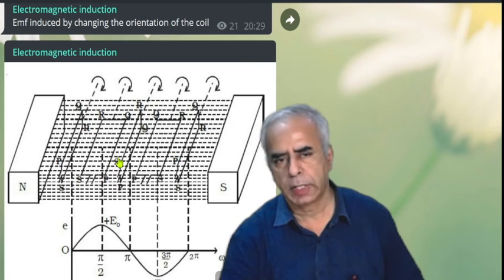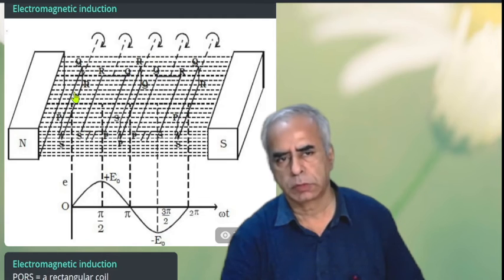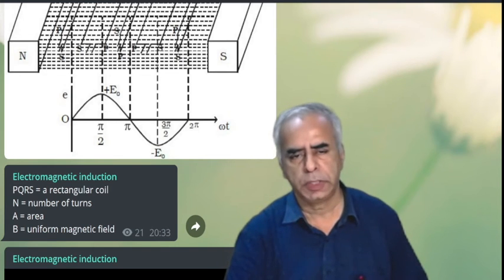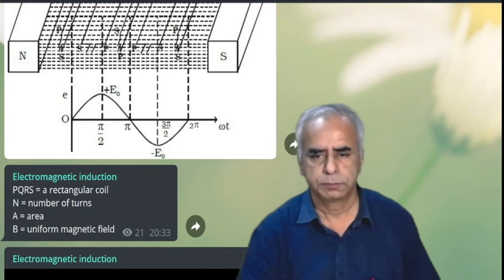It doesn't mean that we have kept four coils, we just wanted to indicate the position of the coil. First vertical, second horizontal, third vertical, again horizontal, fourth vertical. Based on that we are able to interpret the EMF with respect to the angle.